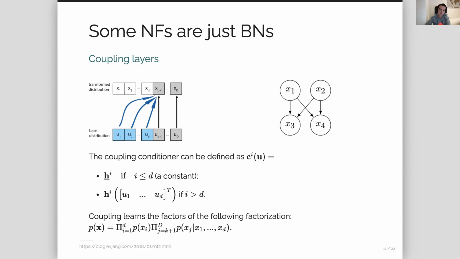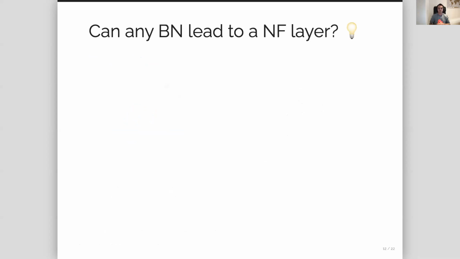And so this all means that two of the most commonly used layers in the flow architectures can be seen as Bayesian networks with a very specific topology. And so then comes the question, can any Bayesian network lead to a normalizing flow layer?